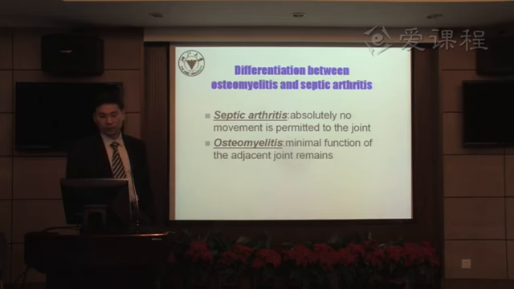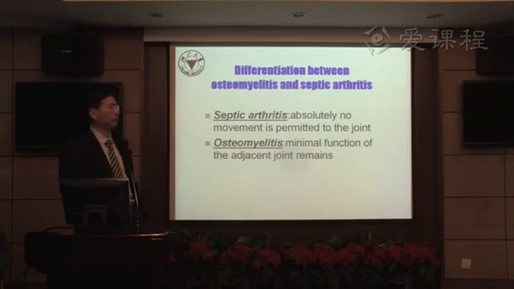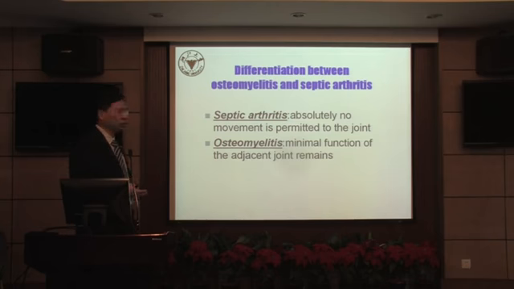We have a differentiation between osteomyelitis and septic arthritis. First, in septic arthritis, absolutely no movement is permitted in the joint, and in osteomyelitis, minimal function of the adjacent joint remains.